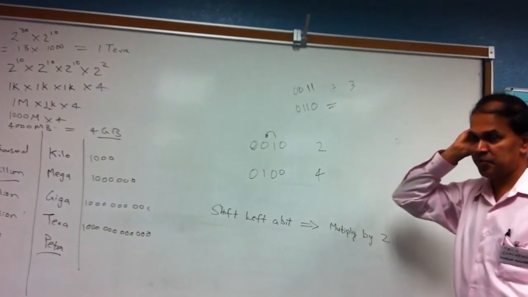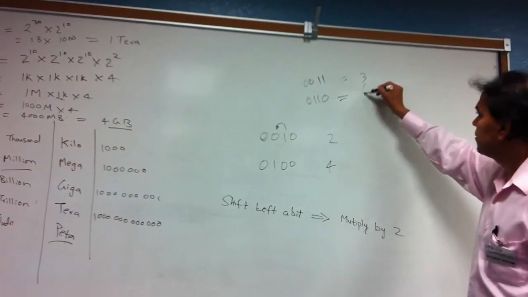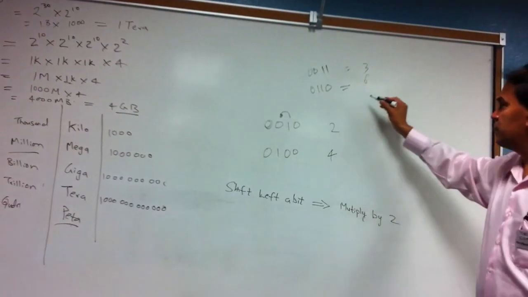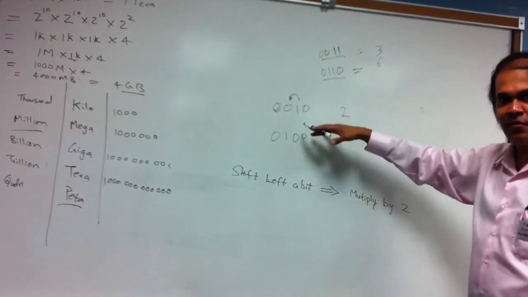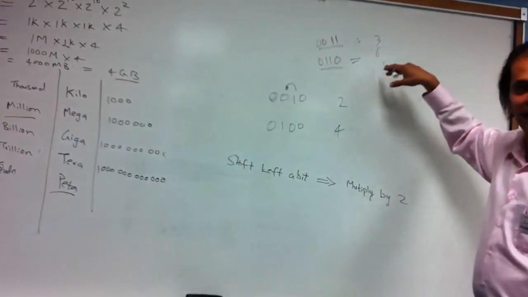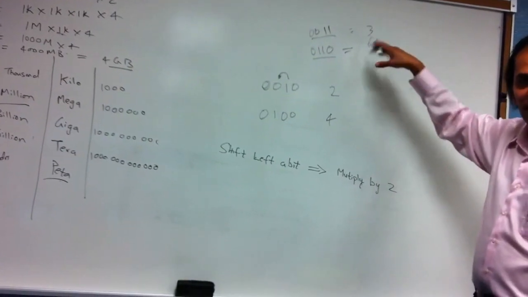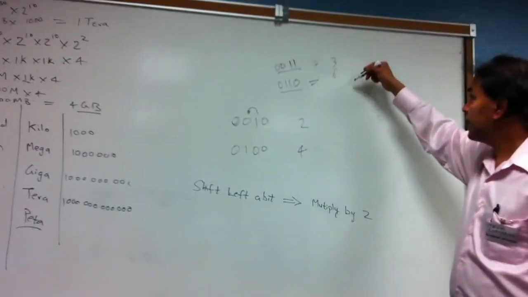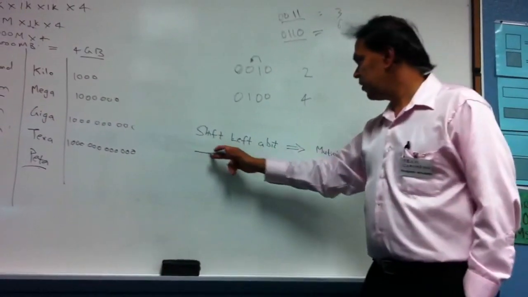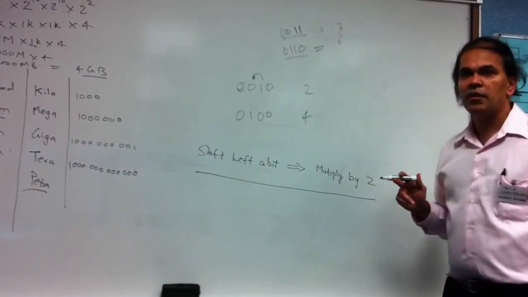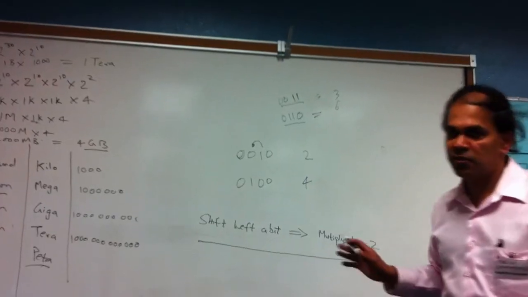What is this number? 6. So I was wrong, right? So it's not just for this. When you shift left, you're actually multiplying the number by 2. So you're using the shift left as a way to multiply by 2. So this particular thing is right. It's true in general. So you can use tricks like that.